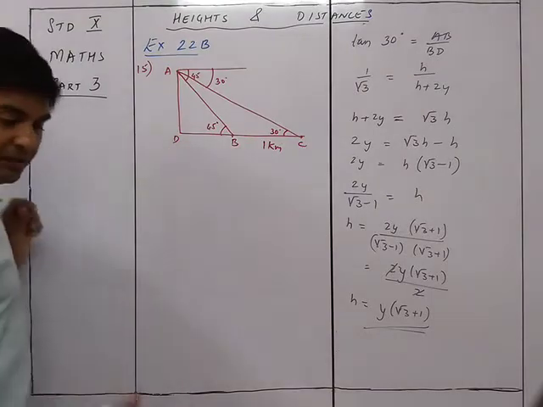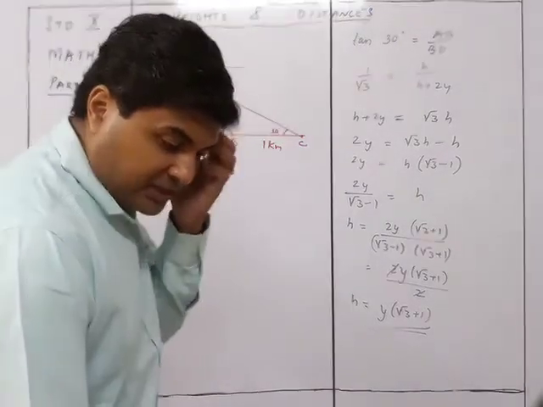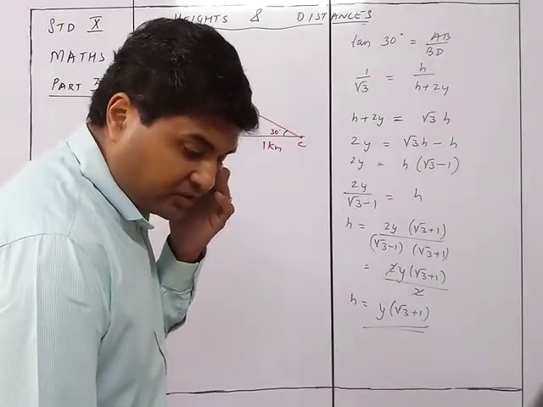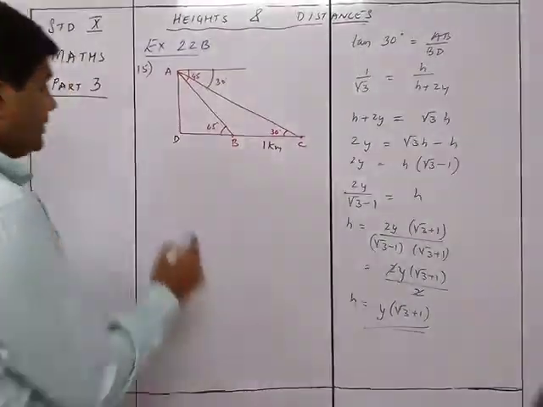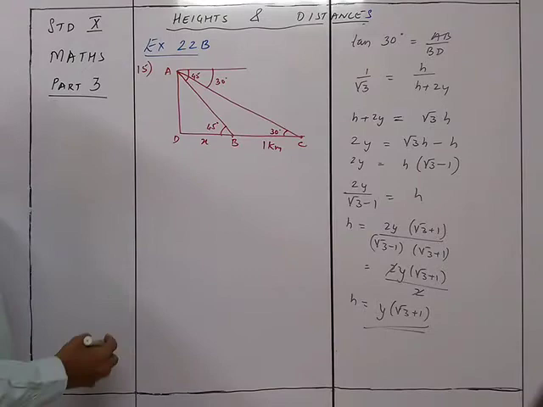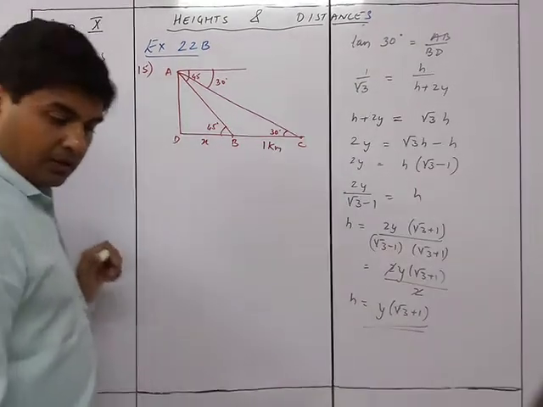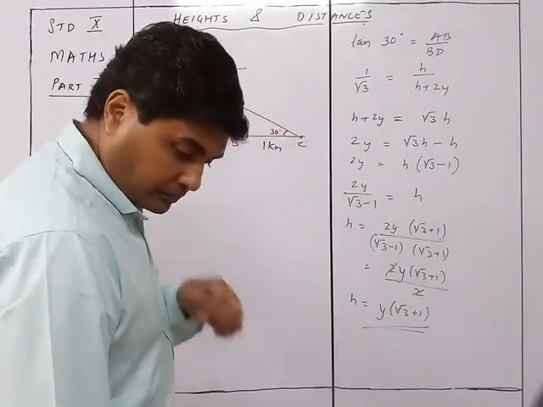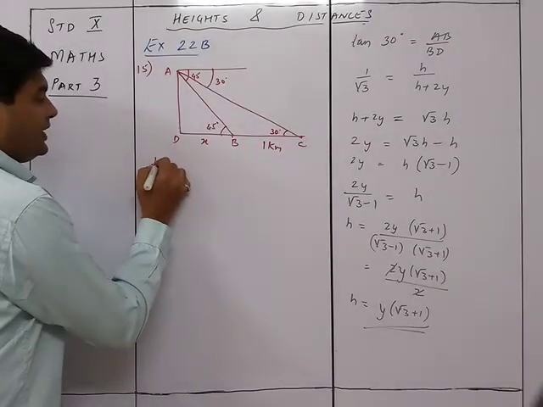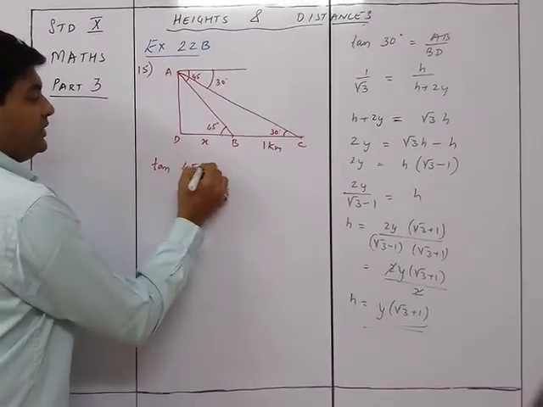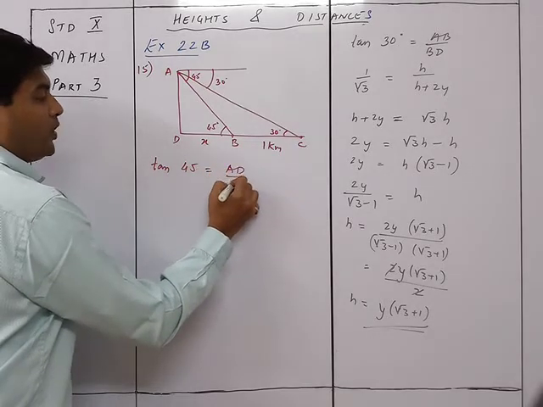We need to find the distance of the two stones from the foot of the hill. So we need to find this distance x over here. First, tan 45 is equal to AD upon BD.